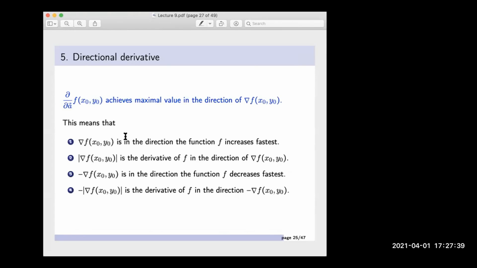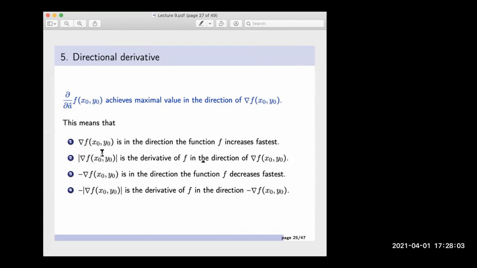So we have the following geometric meaning. First, the gradient is in the direction in which the function increases fastest, right? Because in this direction, the derivative is maximal, and derivative maximal means that the function increases fastest.